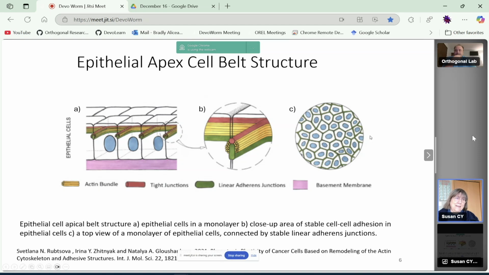Epithelial tissue has an actin belt structure at the top. It goes around in a belt around the upper part of the cell. It also has a basement membrane, and it's attached to the basement membrane.